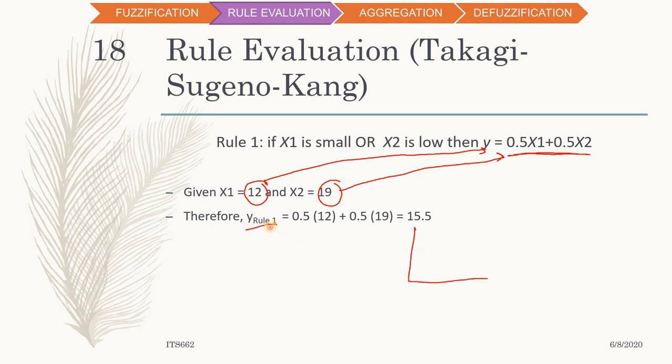For example, y for rule 1 would be 15.5, the value here. From there, only then are we going to do the weighted average to calculate the degree of membership.